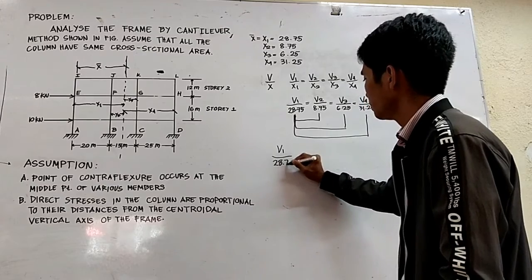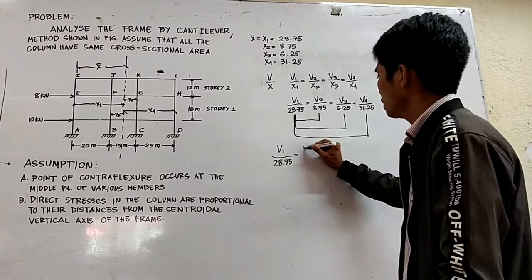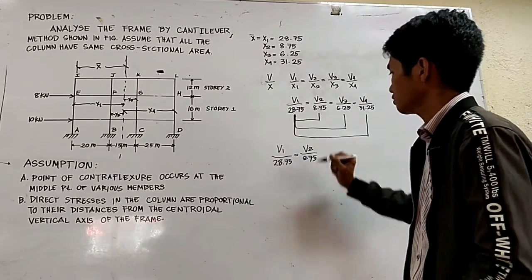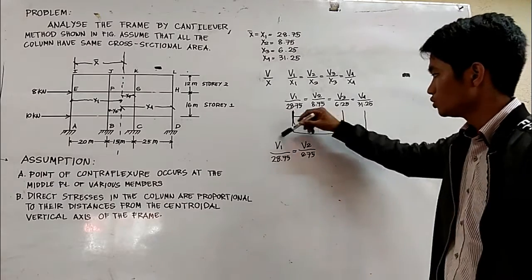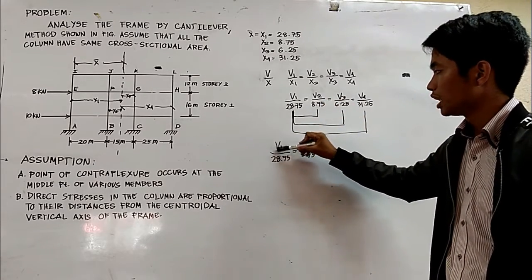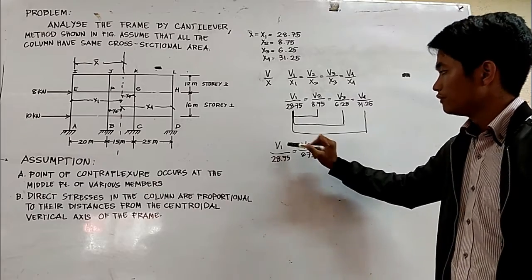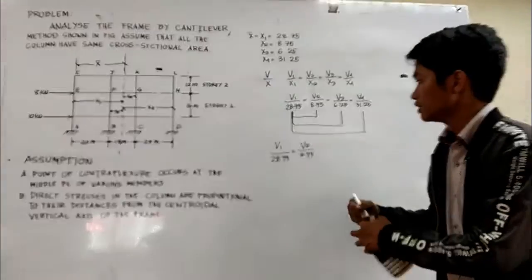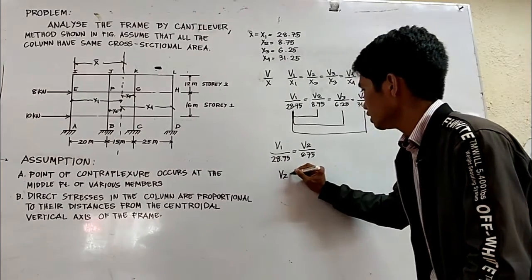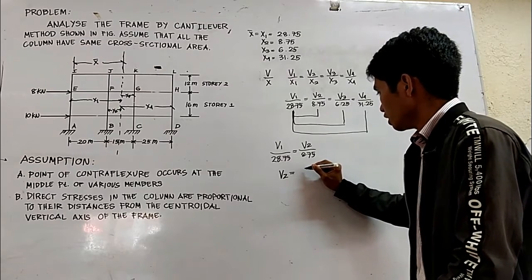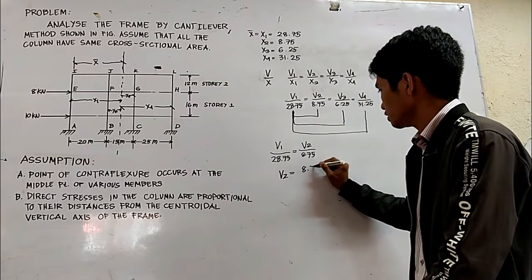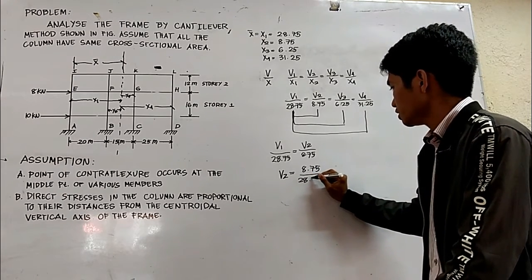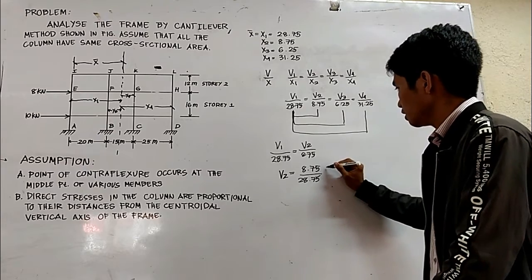28.75 is equal to V2 over 8.75. So here, as we can see, we have two unknowns. So we will find the value of V2, and V1 will be the value that we will find at the end. So here we have V2 is equal to 8.75 over 28.75 V1.